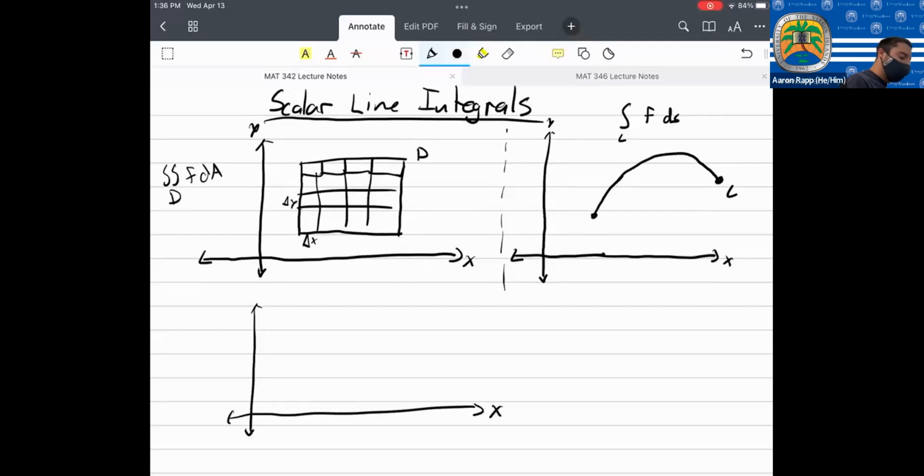I went between the points A and B, and I broke it up into however many partitions that I want. But each of them were spaced evenly.